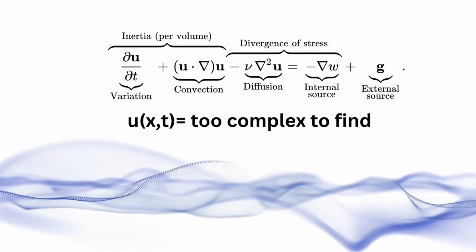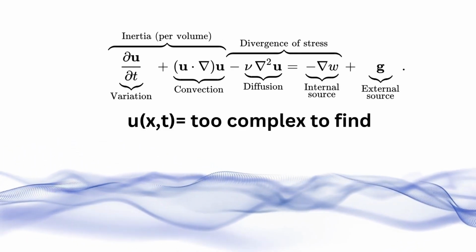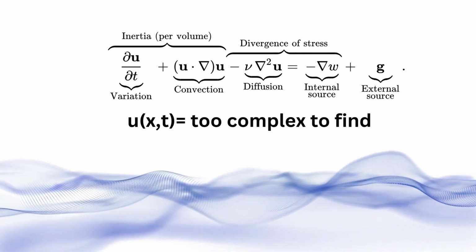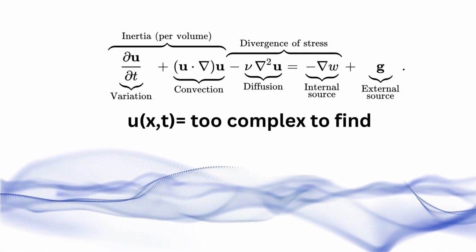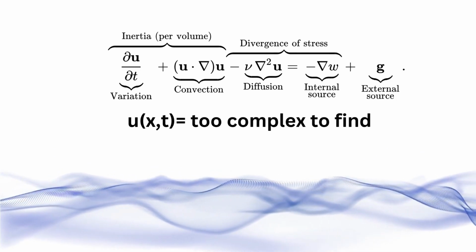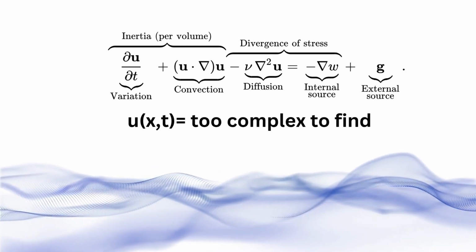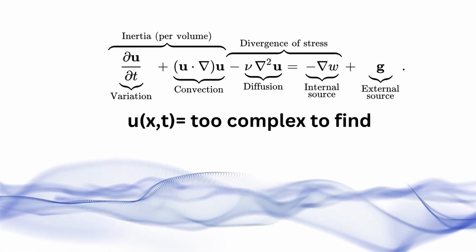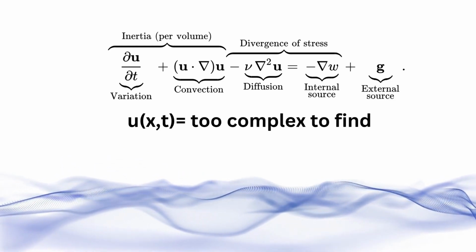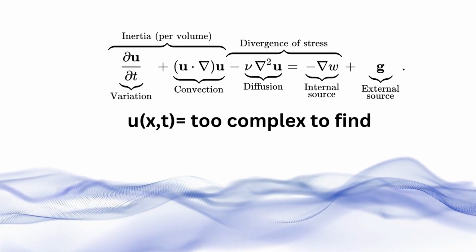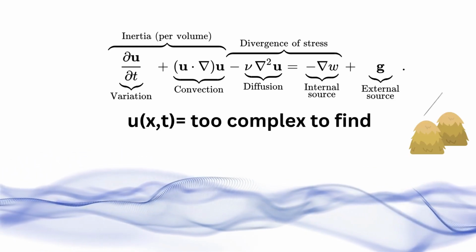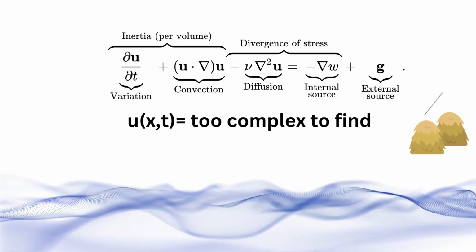Reality is usually far more coupled and interconnected than that. So the system that looked clean and predictable slowly turns into something messy and extremely difficult to solve exactly. And suddenly, even though we still understand the governing PDE, finding an exact mathematical solution becomes almost impossible, almost like searching for a needle in an infinitely large haystack.